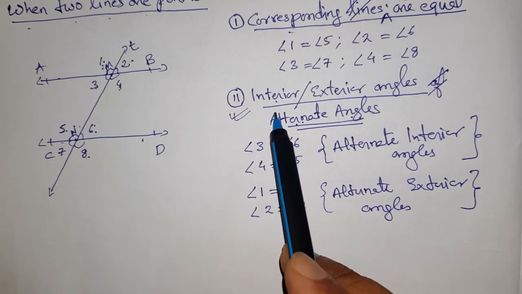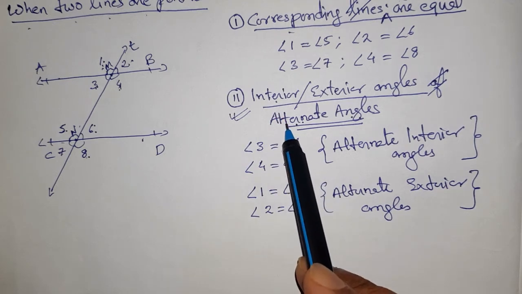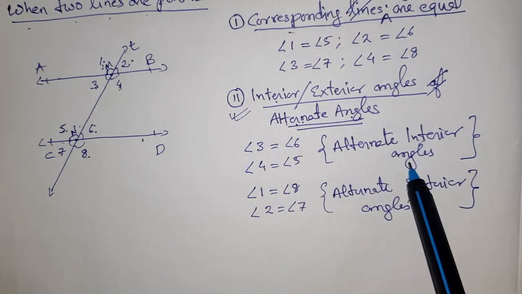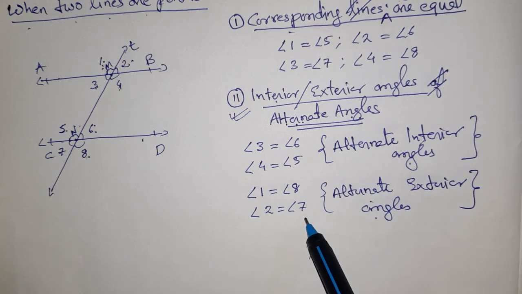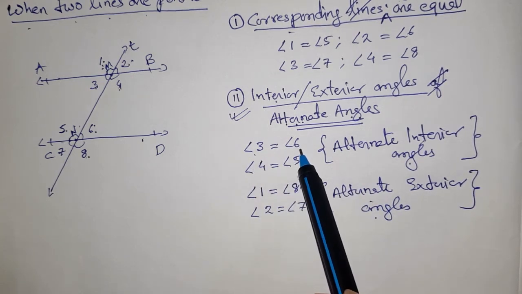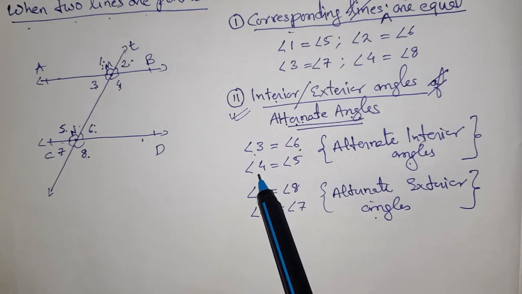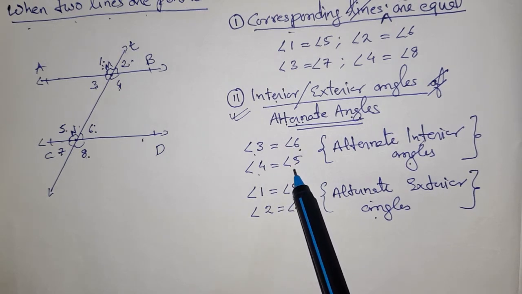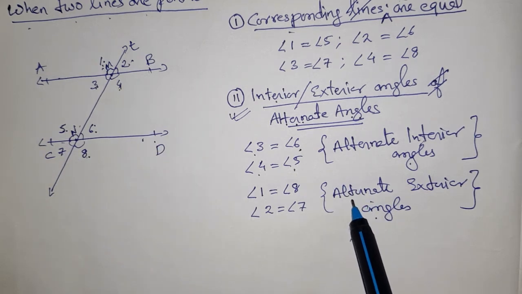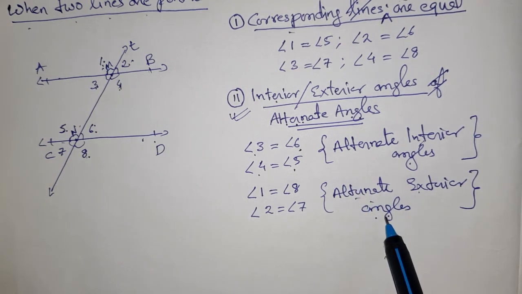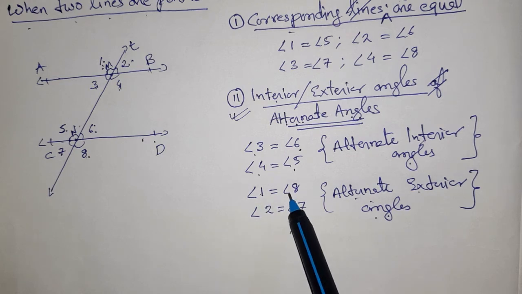So the second condition is alternate interior angles or alternate exterior angles, if they are equal. So whenever angle 3 is equal to angle 6 or angle 4 equal to angle 5, then we can tell that AB is parallel to CD. Or we can also take alternate exterior angles, that is angle 1 equal to angle 8.